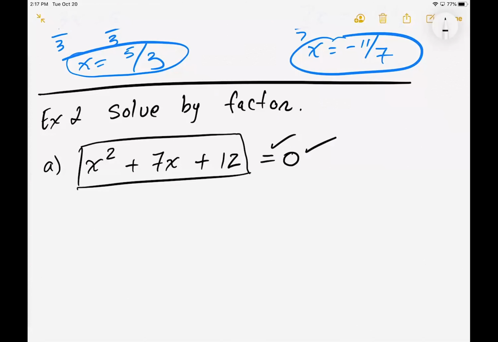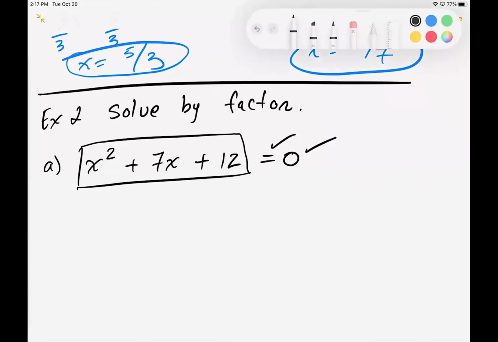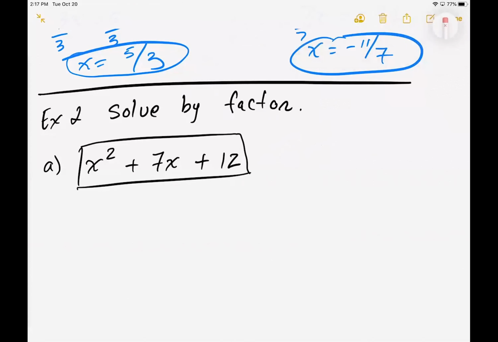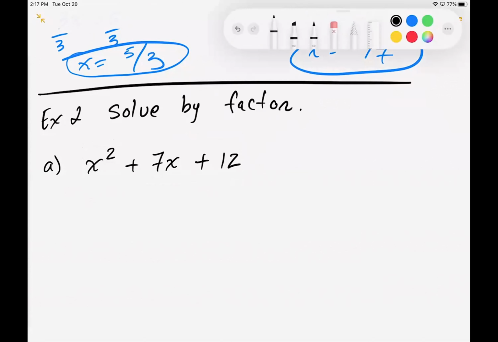Okay, so let's take a look at this problem here. Let me erase this problem. Let me ask you about this thing here.